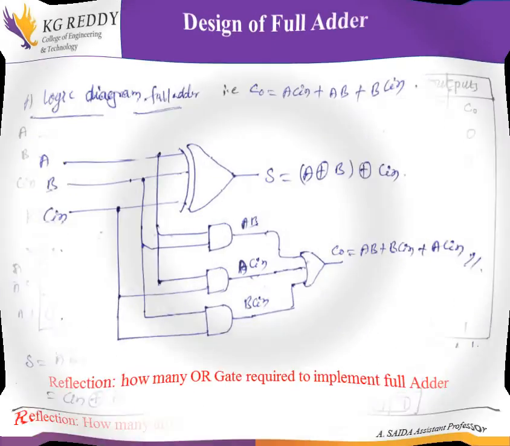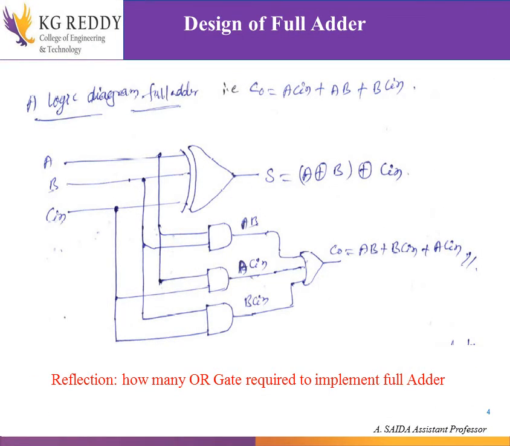Let us see the design of the full adder. The design shows what gates are required to implement the full adder equations. We have seen the sum output is A XOR B XOR C. So we require 2 XOR gates, or we can directly give the 3 inputs A, B, C to a single XOR gate.